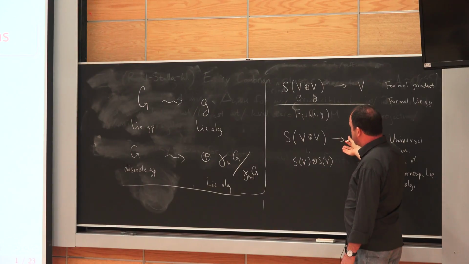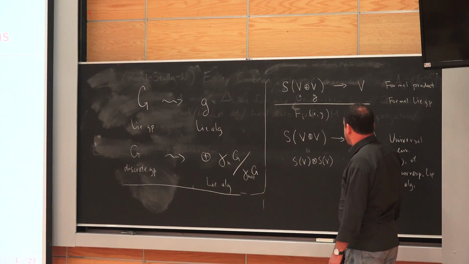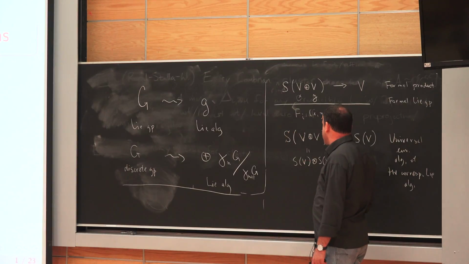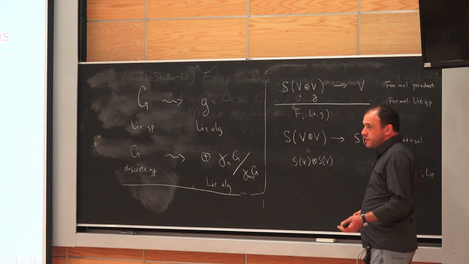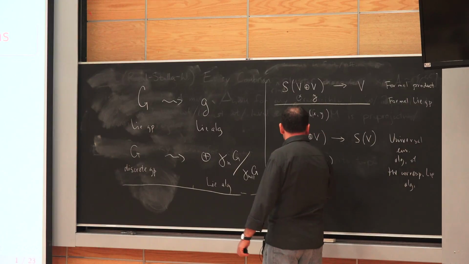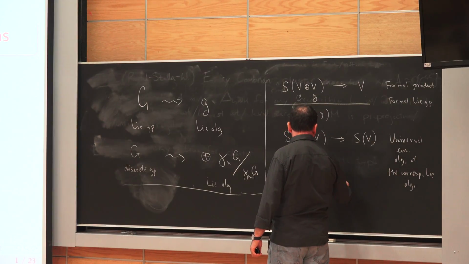It's actually a Hopf algebra. There is a co-product here, and on the symmetric algebra. You take the primitive elements, and you get the Lie algebra.